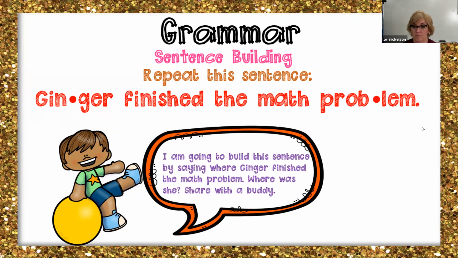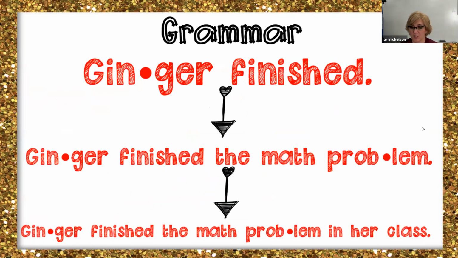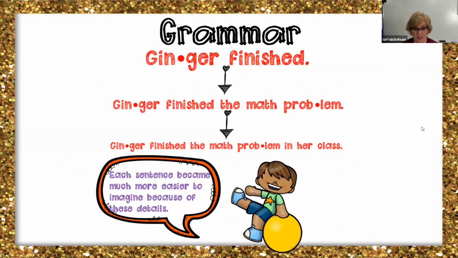At school? Ginger finished the math problem in her class or at school. Good. Ginger finished the math problem. Ginger finished the math problem at school or in her class. Great job. Notice each sentence became more and more easier to imagine because of the details.